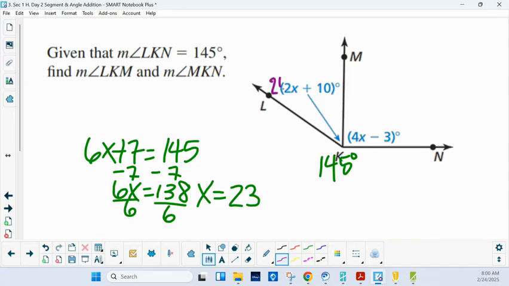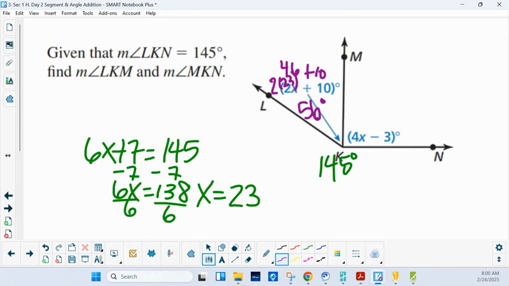Then just come back over and plug them in to find each measure. 2 times 23. What is 2 times 23? 46 plus 10. Angle LKM is how big? 56. Then you have 2 options. Jace, look at it. What could I do? Give me one option to find this other angle. Yeah, we know the total, 145, we could just now subtract 56.